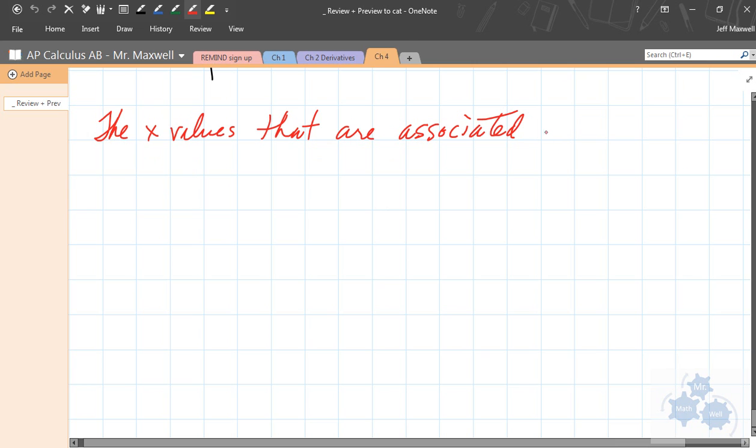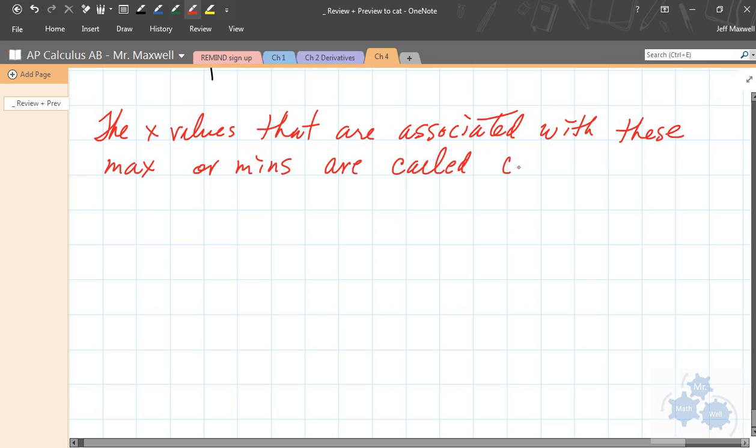The x values that are associated with these maximums or minimums are called critical numbers.